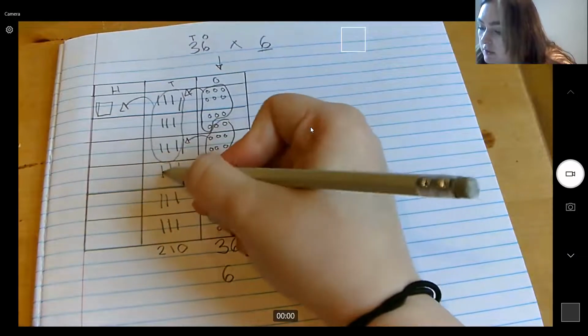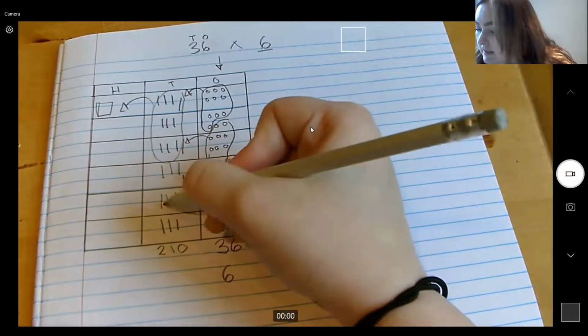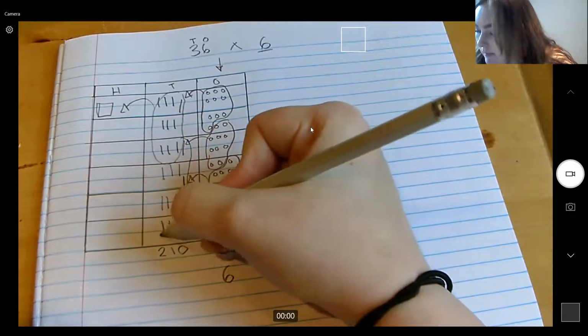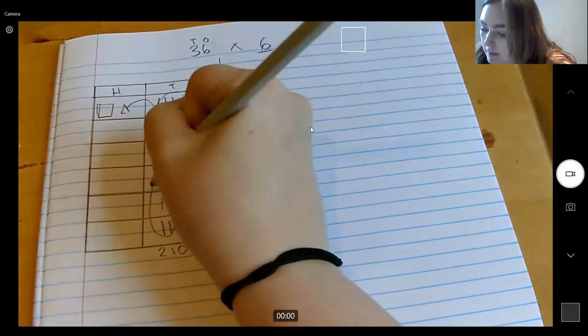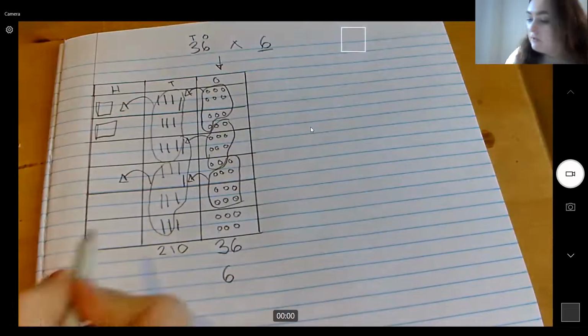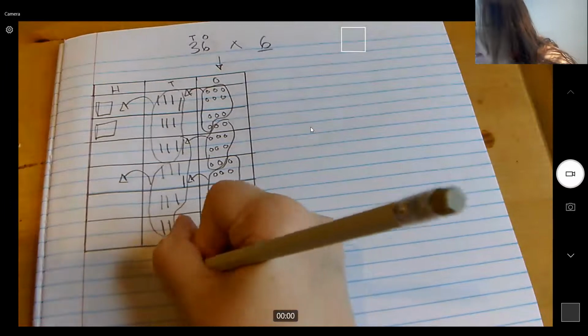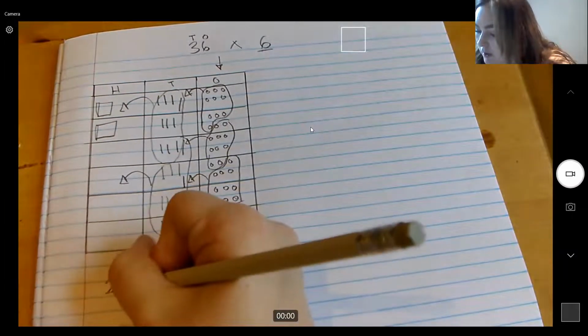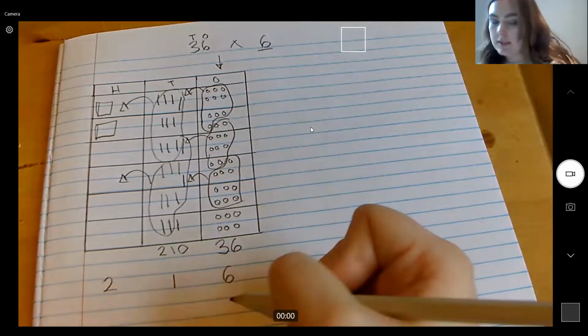So 1, 2, 3, 4, 5, 6, 7, 8, 9, 10. Again, there is another 10 here, so that becomes 100. And then you're left with 10 down here. So that's 1 ten stick, and we have now got 200. So your answer is 216.